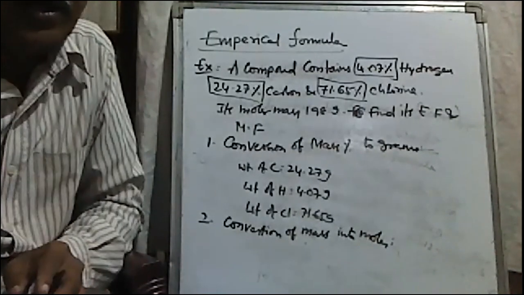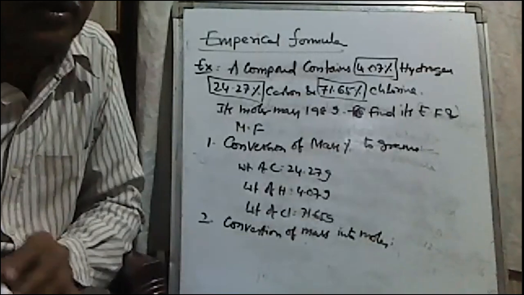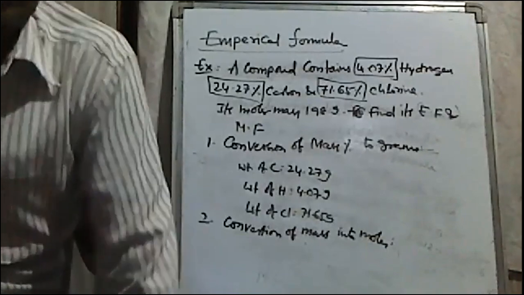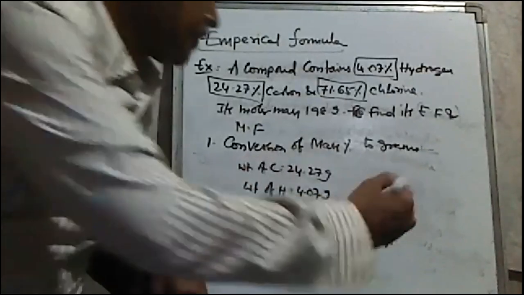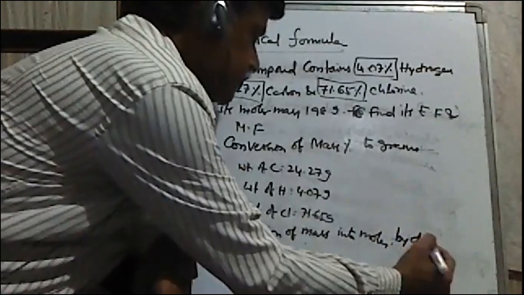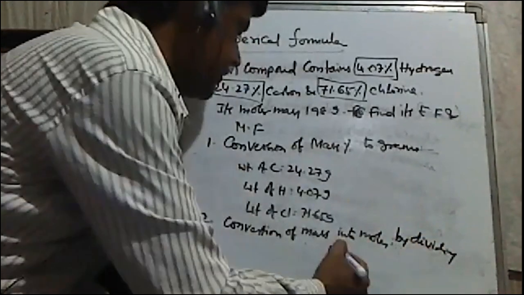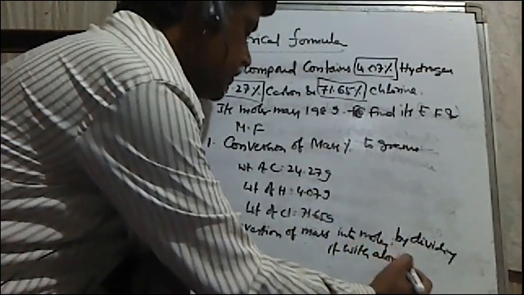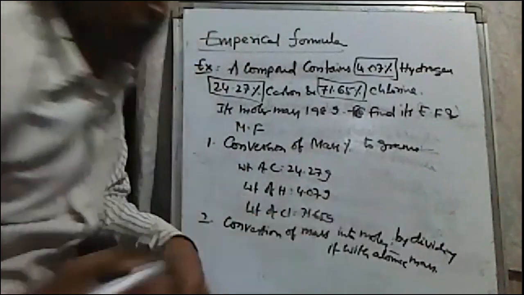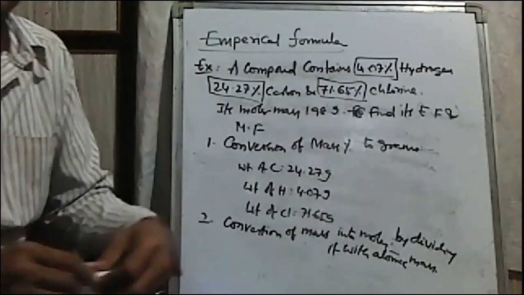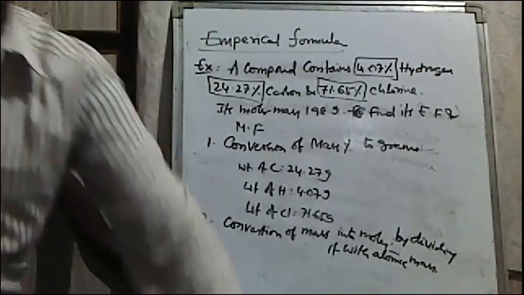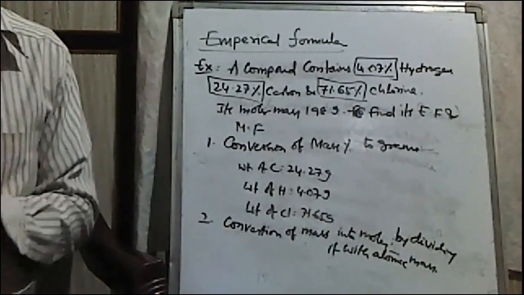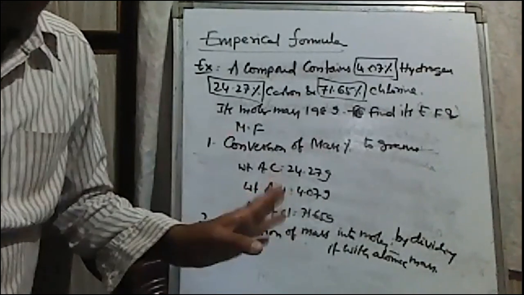We know that the number of moles is given by weight divided by gram molecular weight. So we can convert this mass into moles by dividing it with the atomic mass. This is the second step: conversion of mass into moles by dividing the weight with the atomic mass.